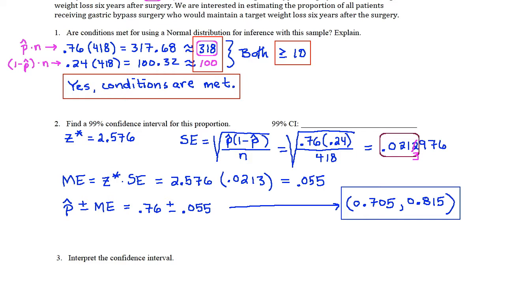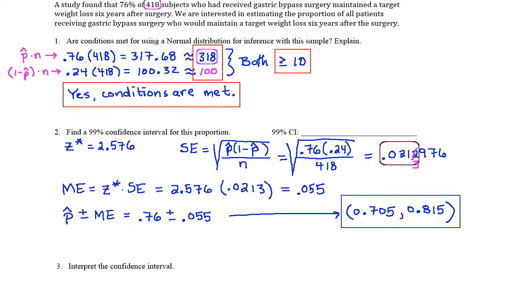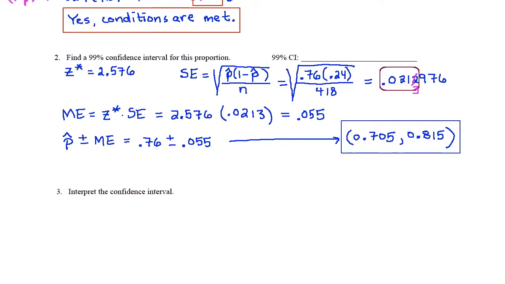Now to interpret the confidence interval, I have to think about the context. So we're talking about the proportion of subjects of all those who received gastric bypass surgery, the proportion who maintained a target weight loss 6 years after surgery. So we know that that proportion is in this interval, meaning it's between these two values.